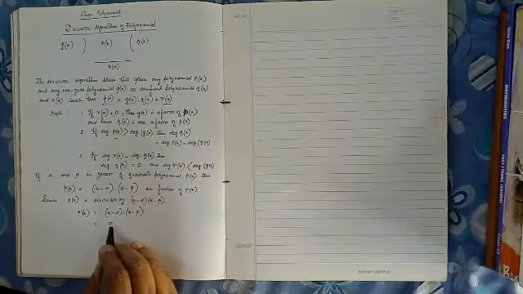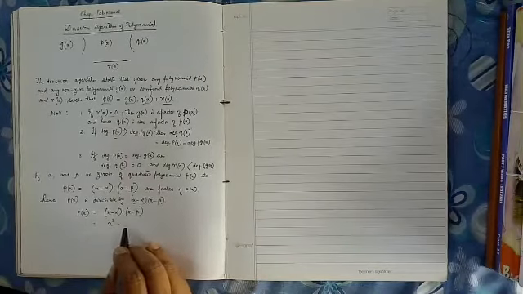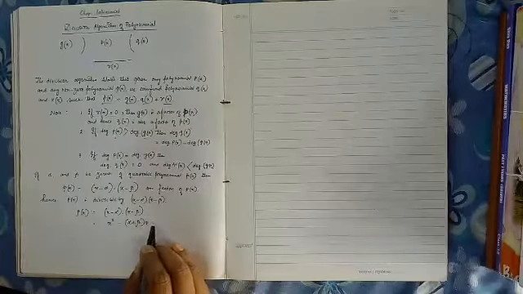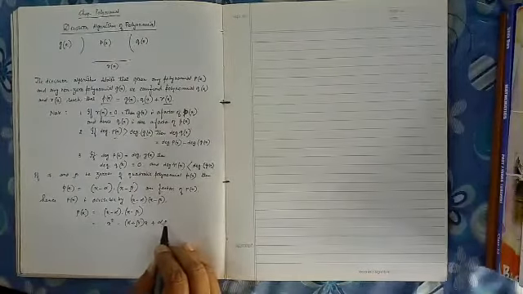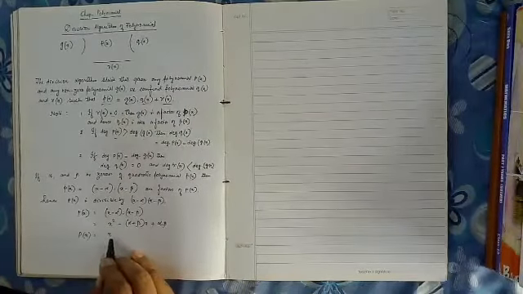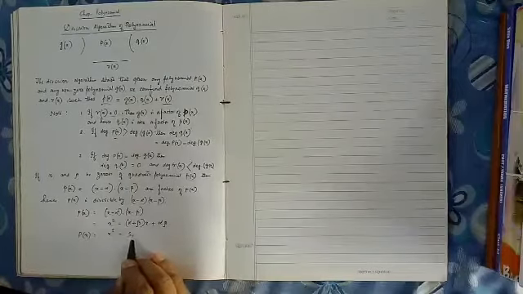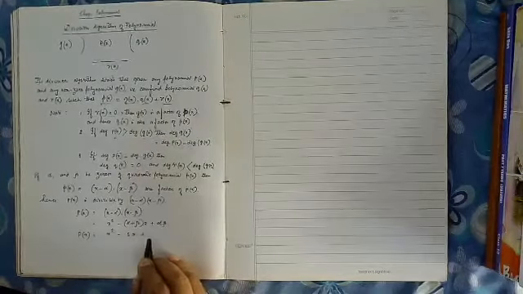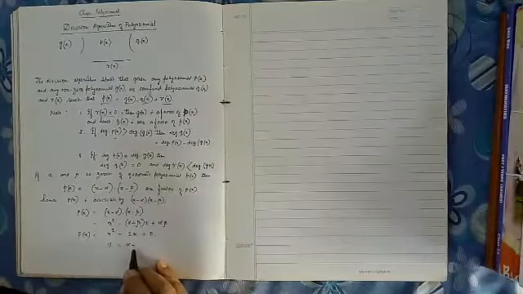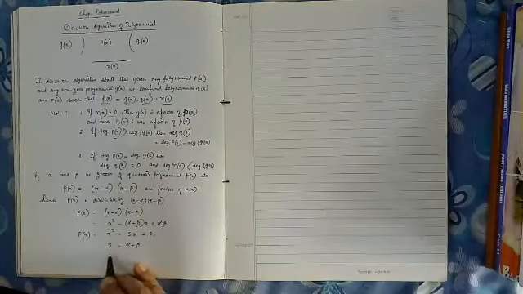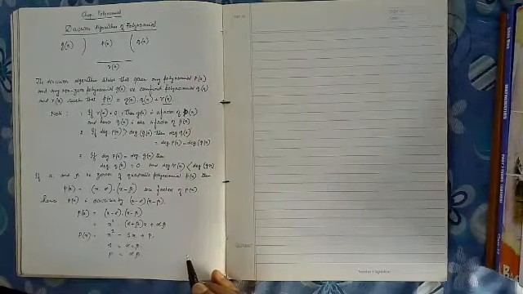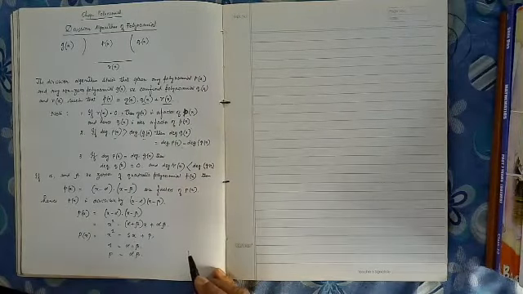Obviously, if you multiply, you will get x square minus alpha plus beta into x plus alpha beta. That is p of x is equal to x square minus sx plus p, where s is the sum of the zeros alpha and beta and p is the product of the zeros alpha beta, which is discussed earlier.